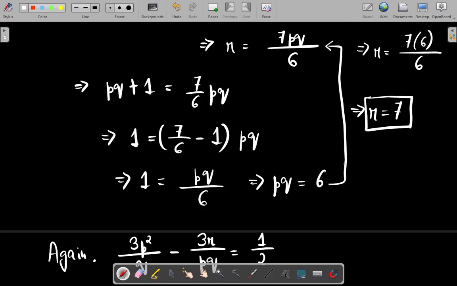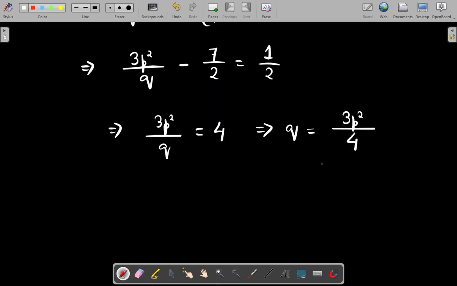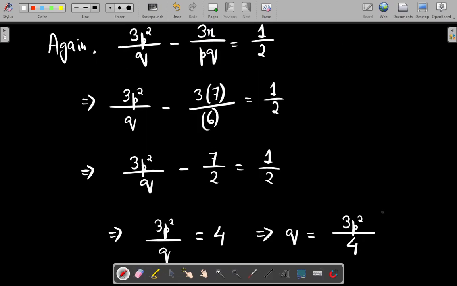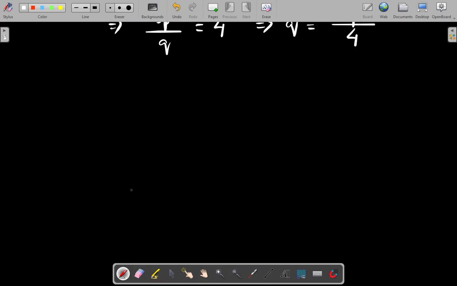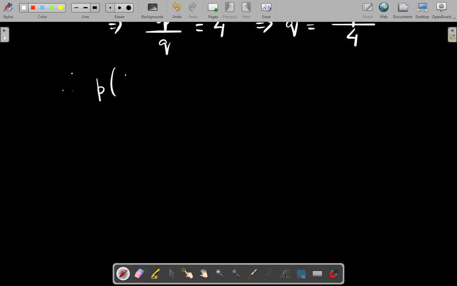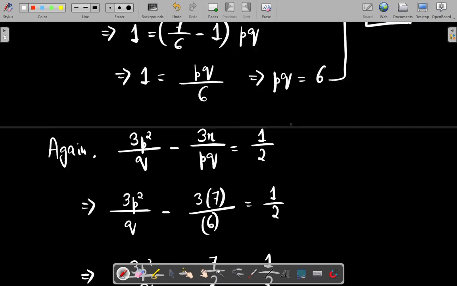So this is the value of q in terms of p, but we are given pq is equal to 6. So I can substitute this value here. So this implies that p times 3p square upon 4 is equal to 6, since pq is equal to 6.